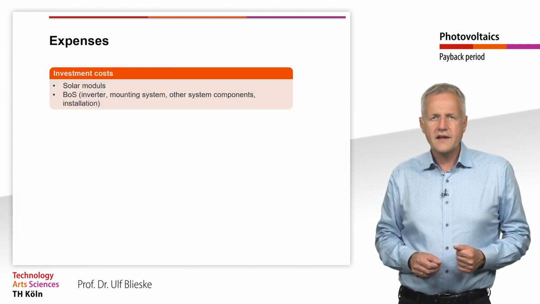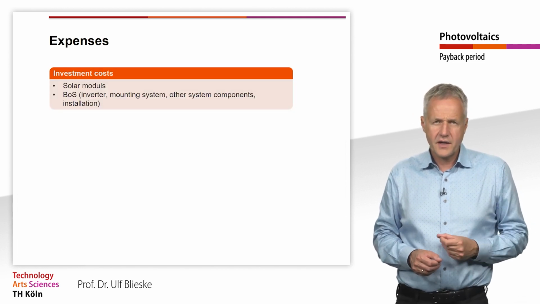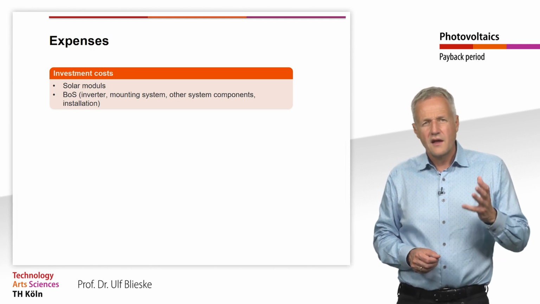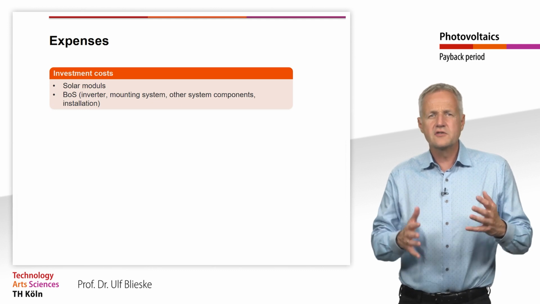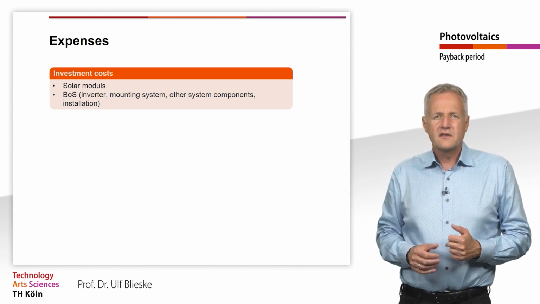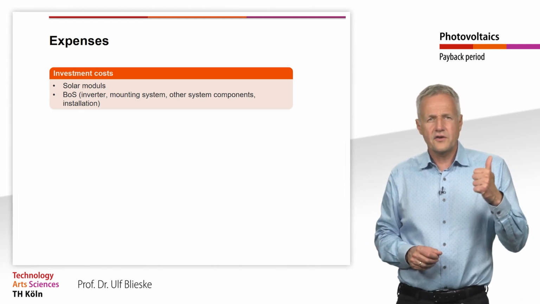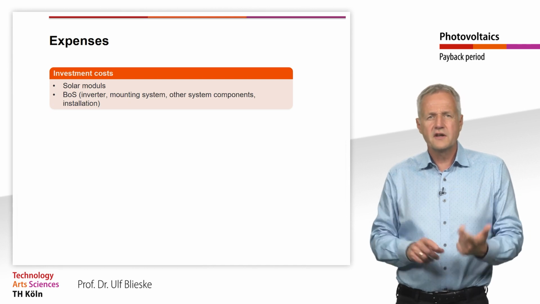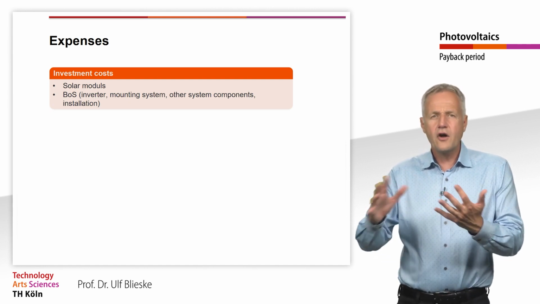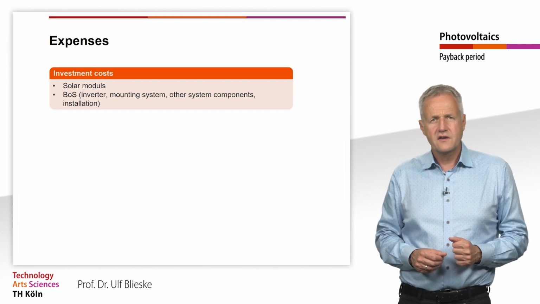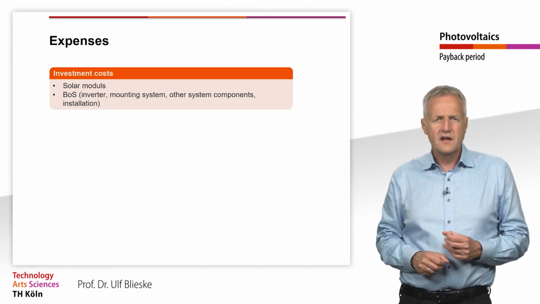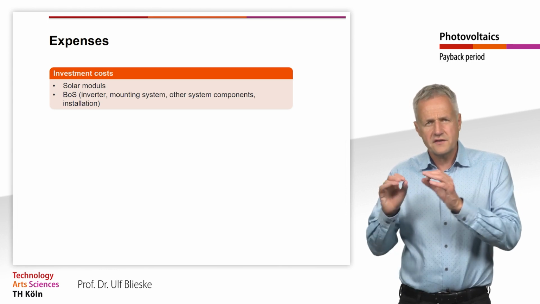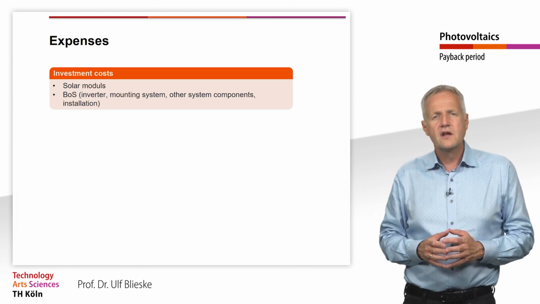Let us first provide an overview of the expected expenses and revenues. As expenses, we first have the investment costs needed to build the system. These costs include the costs for the solar modules, the inverter, the mounting system, and all other system components. In addition, the installation of the system must also be considered, as well as the connection of the system to the grid.